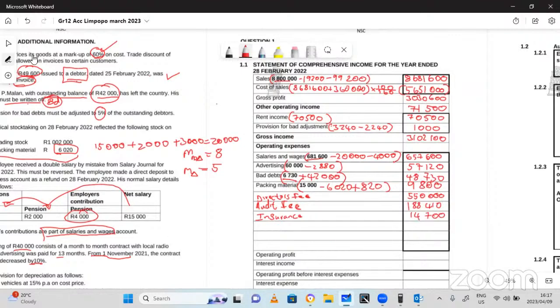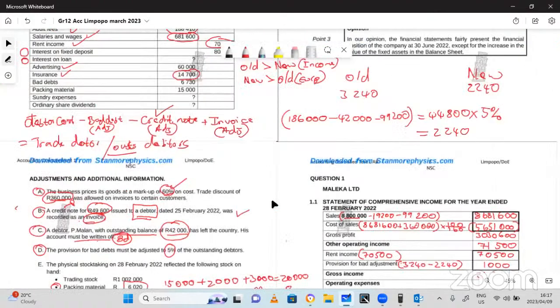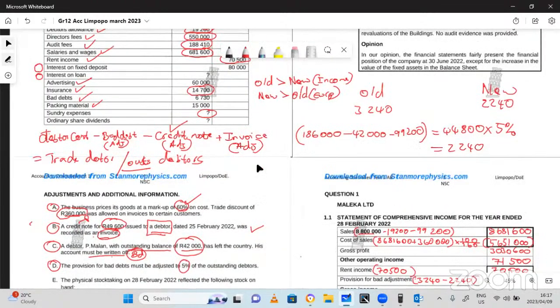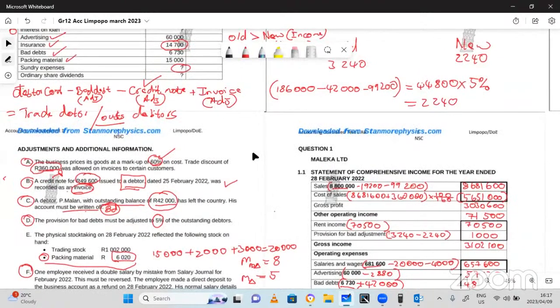Then we check for another expense that we have not used. Bad debts we have used. Then packing material we have used. Sundry expenses we have not used, and for the sundry expenses there's a question mark and nothing was said about it. That means we are going to use it as a balancing figure.